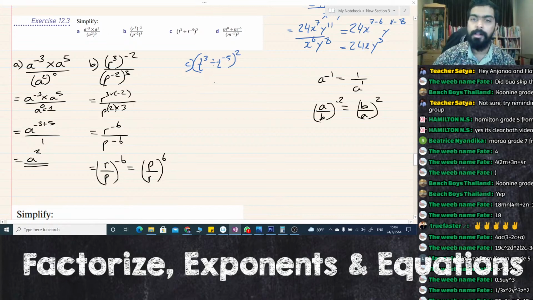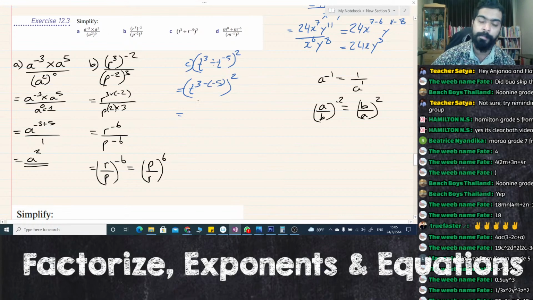All right, guys. Here we are going to solve inside the bracket first. So we would have t to the power of 3 minus minus 5, and here is where many students make mistakes. They forget this minus and just write a single minus. All of this is raised to the power of 2. Please don't make this mistake if you are having an exam.